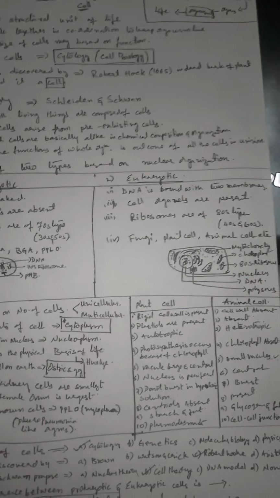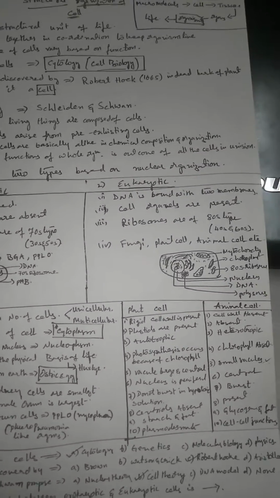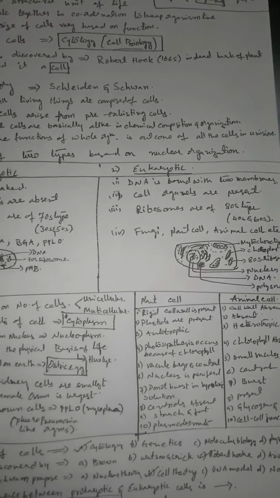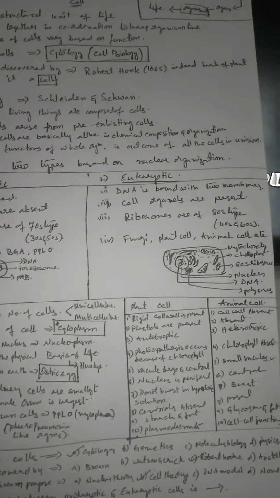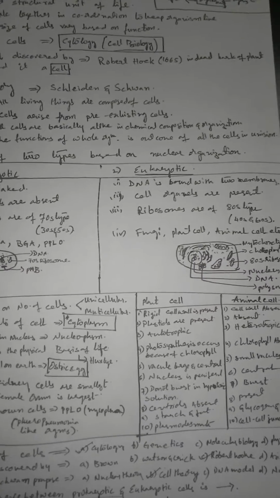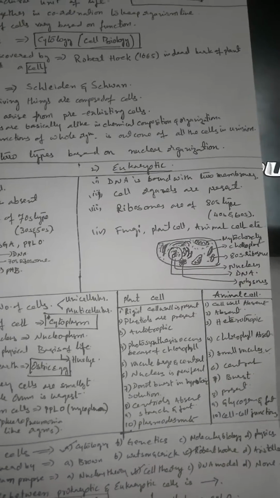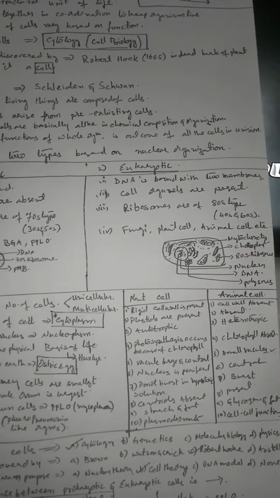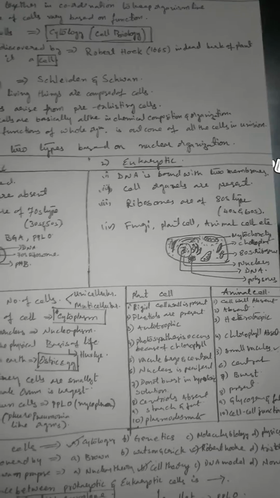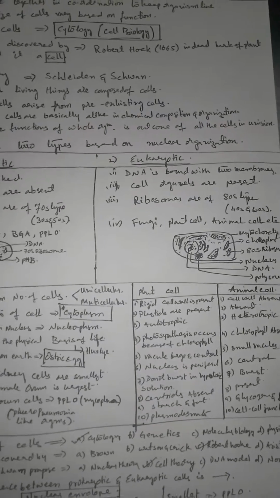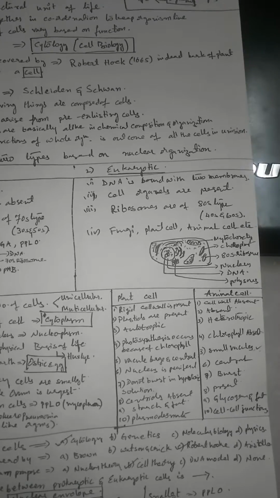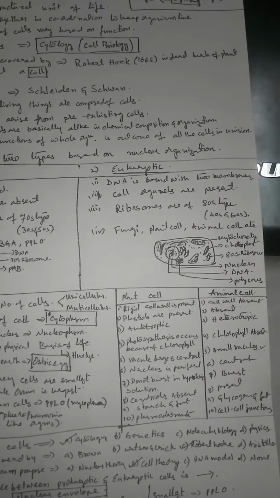Now when you put a plant cell and an animal cell in hypotonic solution, plant cells will not burst because of the presence of a rigid cell wall, but because of the absence of a cell wall, animal cells easily burst in hypotonic solution. Next, centrioles are absent in plant cells and present in animal cells. Next, the stored food material is starch and fat in plant cells, whereas in animal cells the stored food material is glycogen and fat.